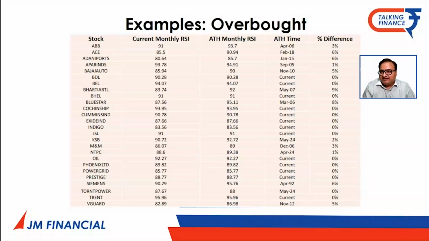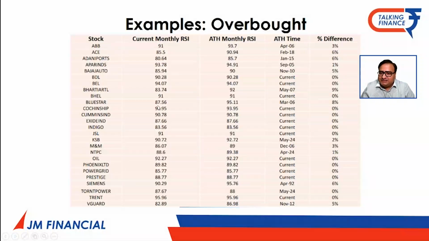The first stock I take here is ABB. The current monthly RSI is 91, which is the June ending RSI, and the all-time high monthly RSI is 93.7, which happened way back in April 2006. So on almost a 20-year time frame, the stock is extremely overbought.